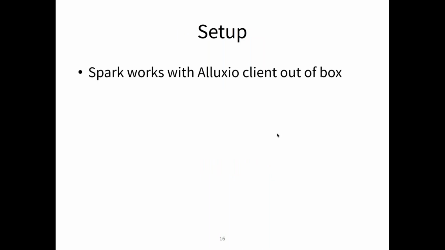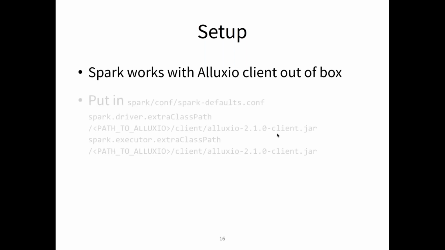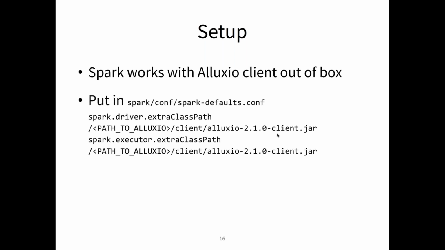Spark works with the Alluxio client out of the box. If you have a Spark application using the default.conf as a configuration, you just put the path to the Alluxio client inside this configuration file, especially append this path to the extra class path for the driver and the extra class path for the executor.